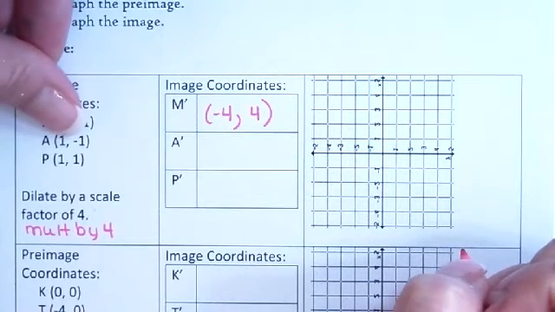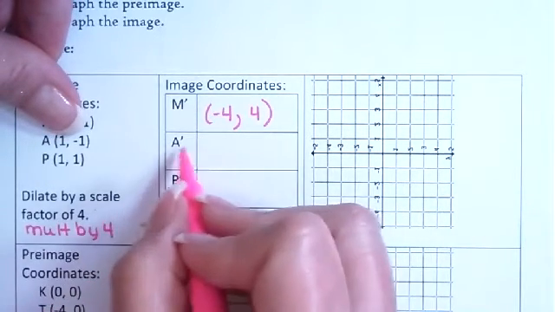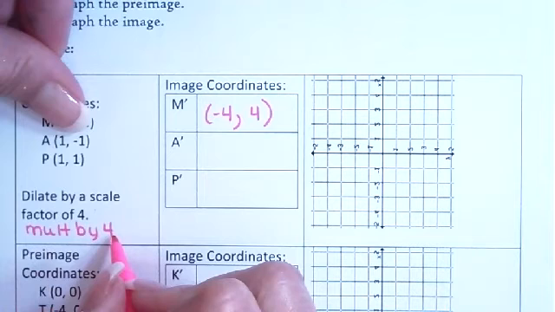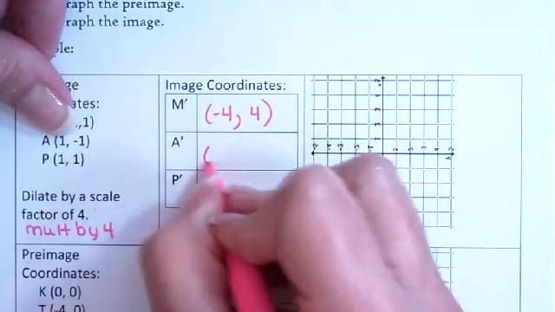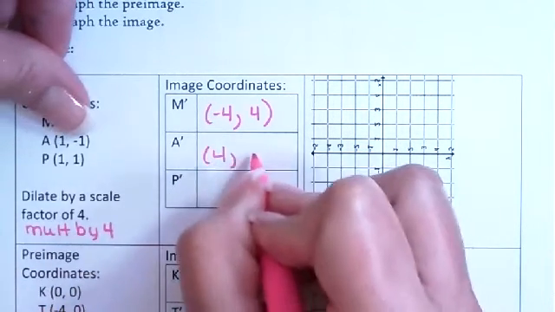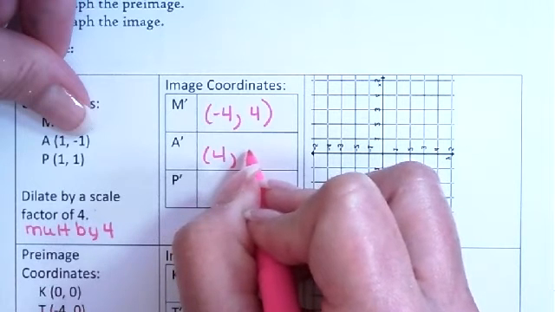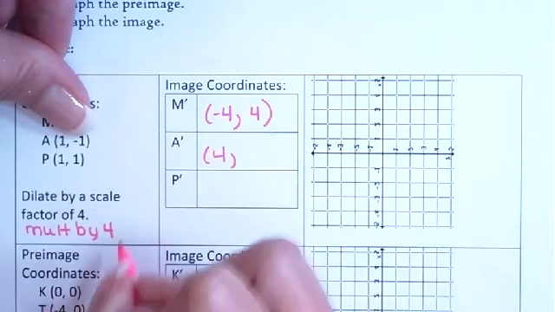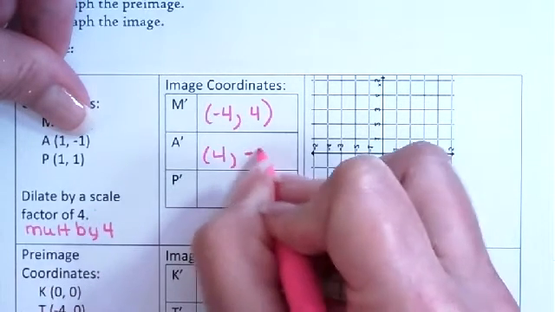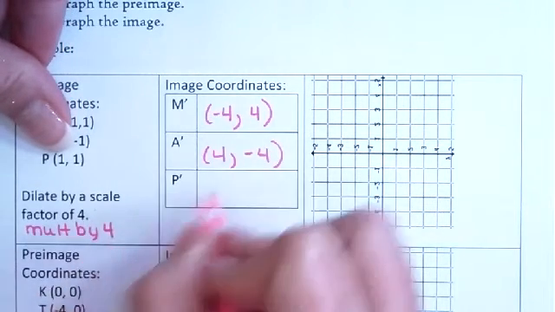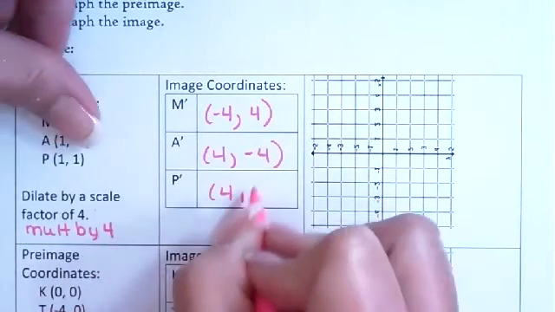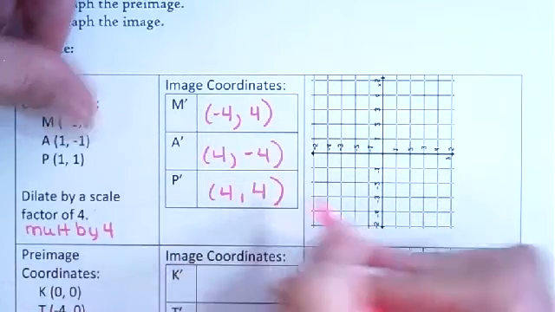If I look at A, for A prime, I'm going to multiply 1 and negative 1 both by 4. Well, 1 times 4 is 4. Negative 1 times 4 is negative 4. And P right here, 1 times 4 is 4, and 1 times 4 is 4.